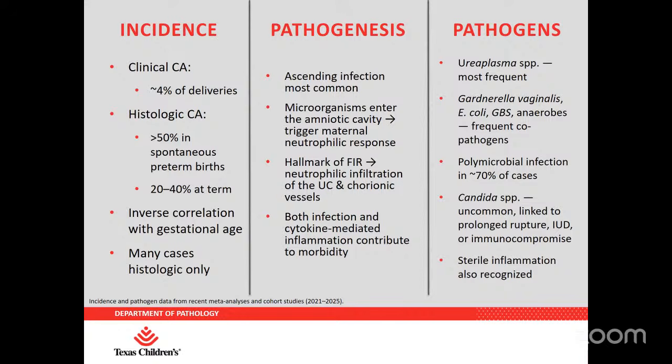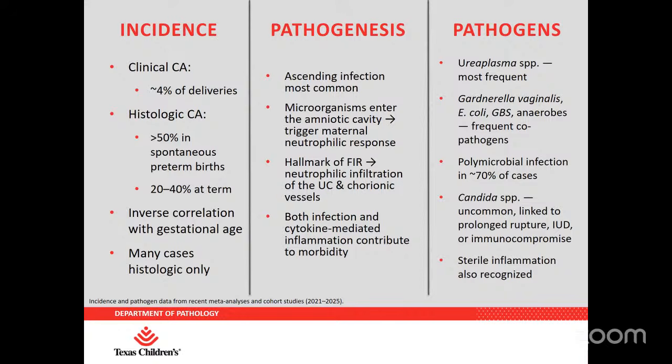Globally, clinical chorioamnionitis occurs in roughly 4% of deliveries, although this varies by population and criteria, while histologic chorioamnionitis is much more frequent, seen in over half of spontaneous preterm births and about a quarter to a third of term placentas. The incidence decreases with advancing gestation, and many cases are histologic only without any evidence of clinical chorioamnionitis. There often can be a discordance between the clinical and histologic findings.